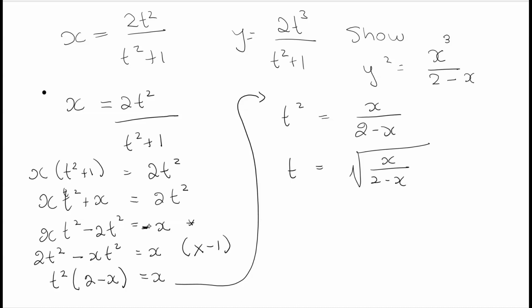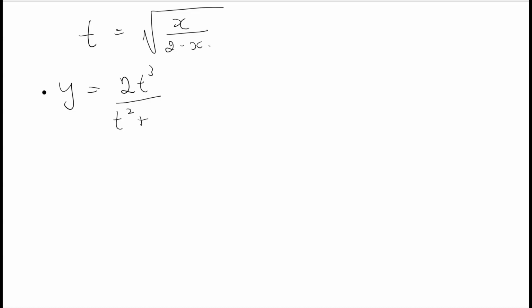Now, I'm going to do this next bit on the next slide, so I'll repeat what we got for t. So far we've got t equals the square root of x over 2 minus x. And from the question, y equals 2t cubed over t squared plus 1. Now, if we substitute all of that in, it gets very nasty very quickly. So we're going to do that anyway.